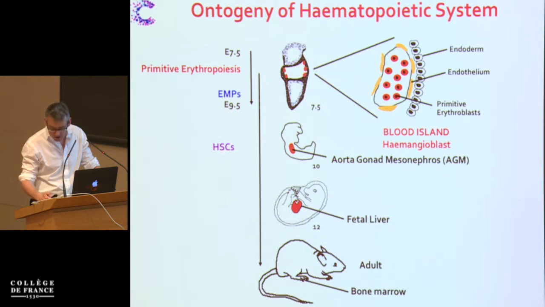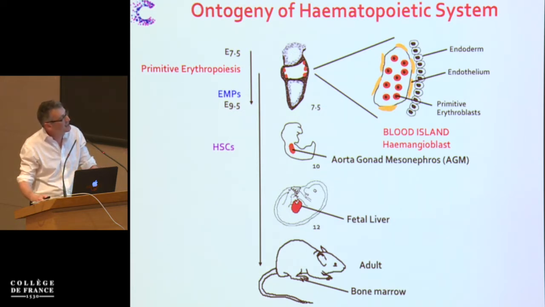If we look at the cellular origin of these cells, really early, what has been shown is that there is generation of blood islands, which consist of blood cells, red blood cells, surrounded by a layer of endothelial cells.